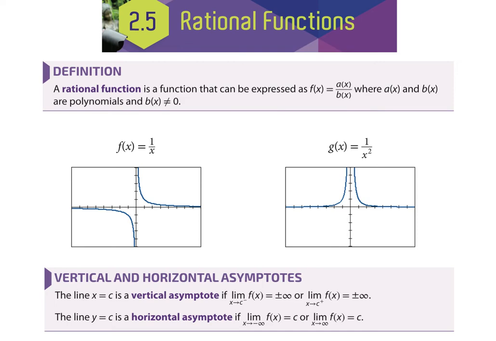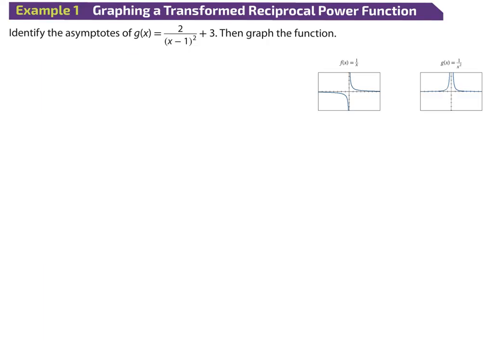So let's just look at translating these. Taking these pictures and just moving them around based on the adding or subtracting on the inside or on the outside, just like we did with parent functions for a parabola or absolute value, okay? So look at the first one. This obviously is going to look like which of these?